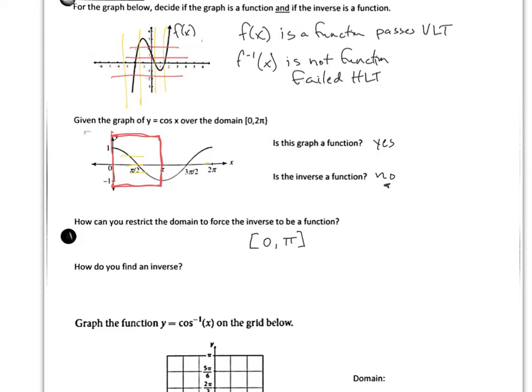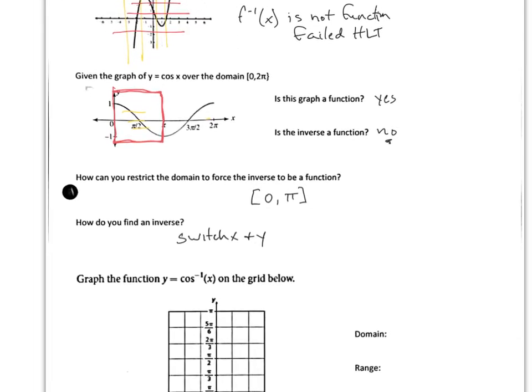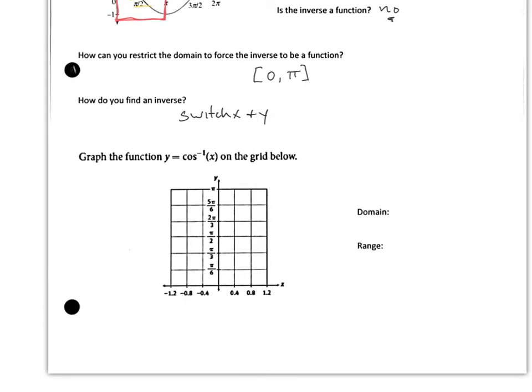It can be 0, it can be pi. And then the actual way to find the inverse, if you recall, is you just switch x and y. So we're going to use our restricted domain, only from 0 to pi, and switching the x and y to create the graph of the inverse cosine.